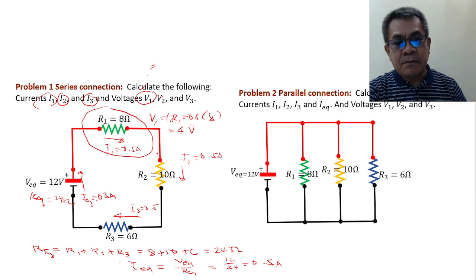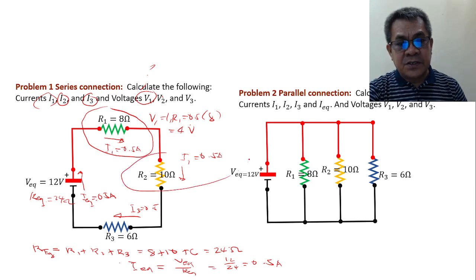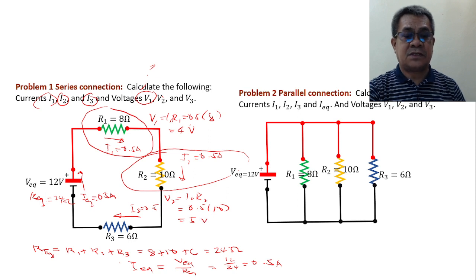Okay? For V2, again, use this data to calculate V2 using Ohm's law. It should be I2 times R2. But what is I2? I2 is 0.5 and R2 is 10, which means that V2 is 5 volts.